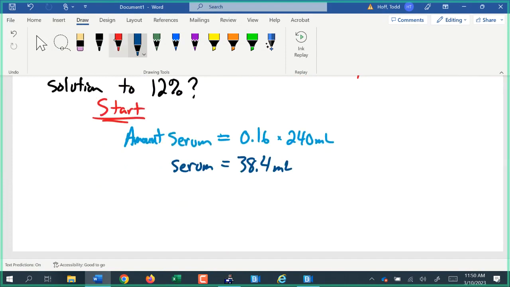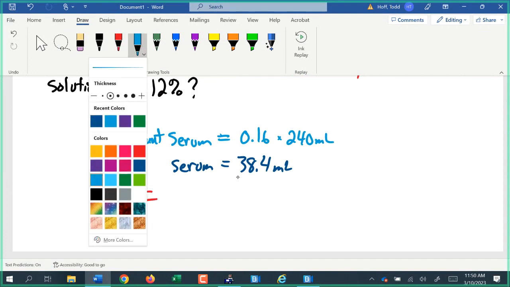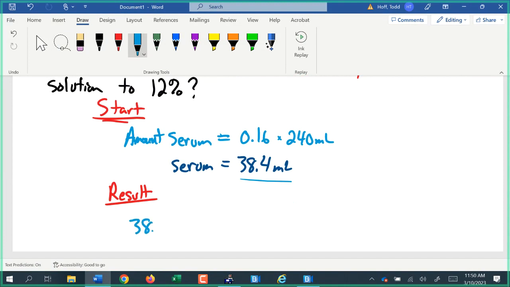So then let's look at what we're going to end up with, or what the result is going to be. In the result, we will still have 38.4 milliliters of the serum. But it's now going to be a 12% solution times X amount.